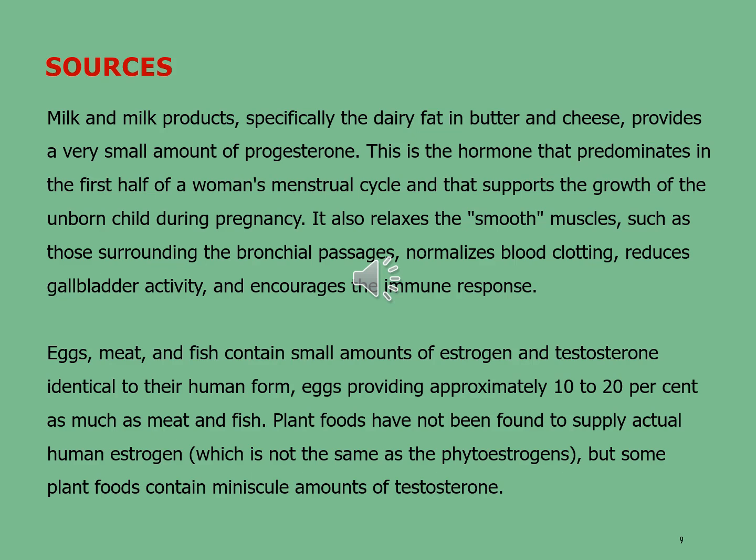Plant foods have not been found to supply actual human estrogens, which is not the same as phytoestrogens. Phytoestrogens are those which are isolated and derived from plants. But some plant foods contain minuscule amounts of testosterone, that is, the natural hormone sources.